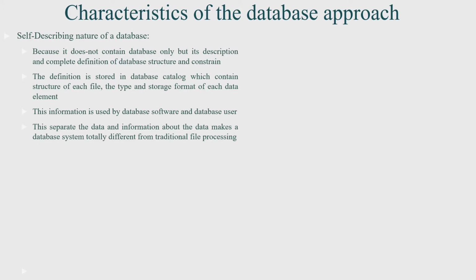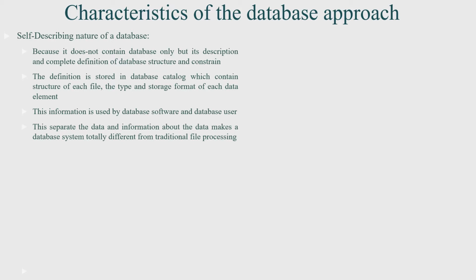What a catalog is, we'll see in our coming classes. The catalog contains the structure of each file type and the storage format of each data. So it contains each and everything in our system.